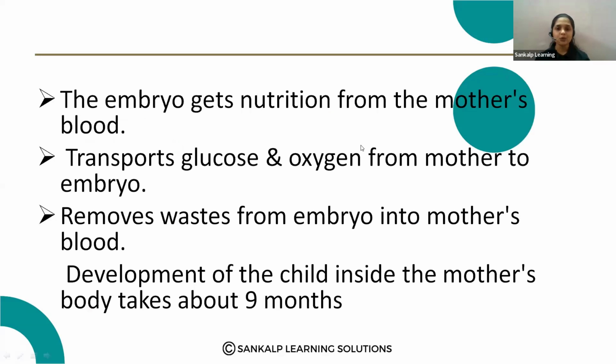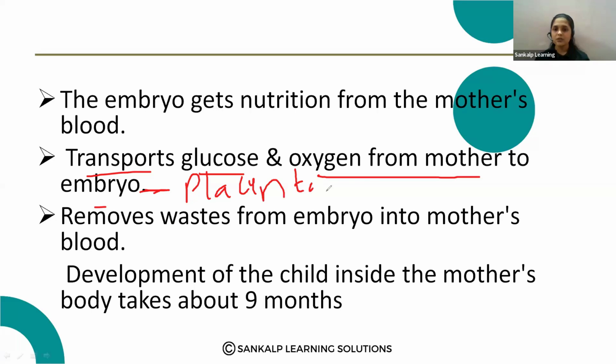The embryo gets nutrition from the mother's blood, and the transport of glucose and oxygen from the mother to the embryo is by the placenta. It also removes the waste from the embryo into the mother's blood. That is also a function of the placenta.